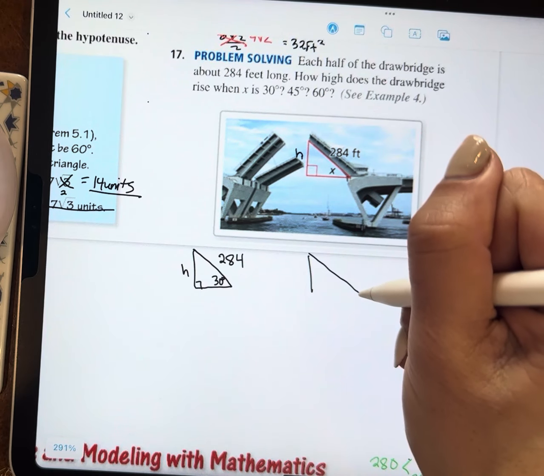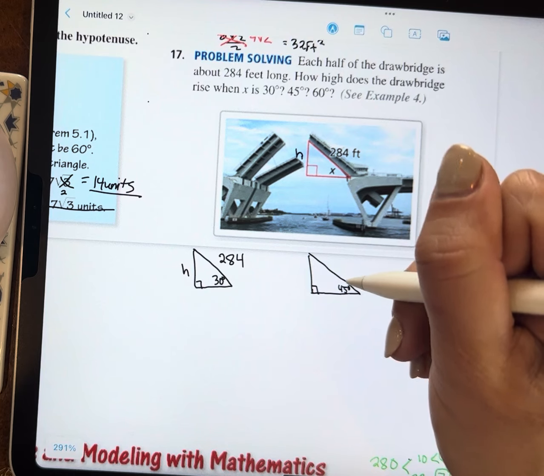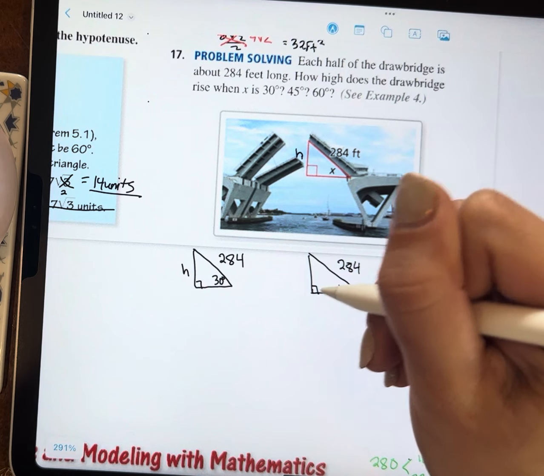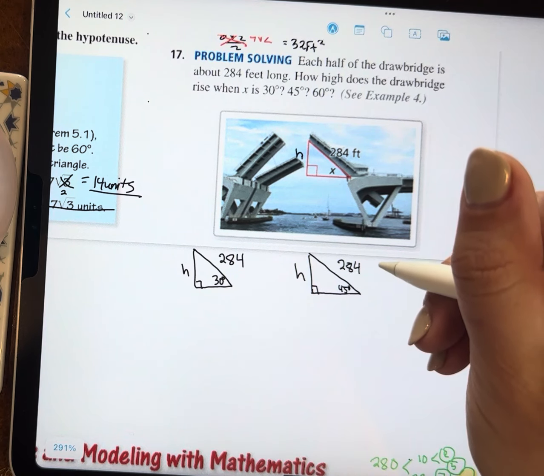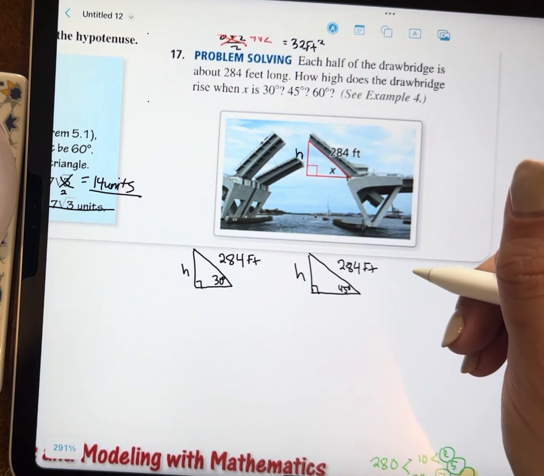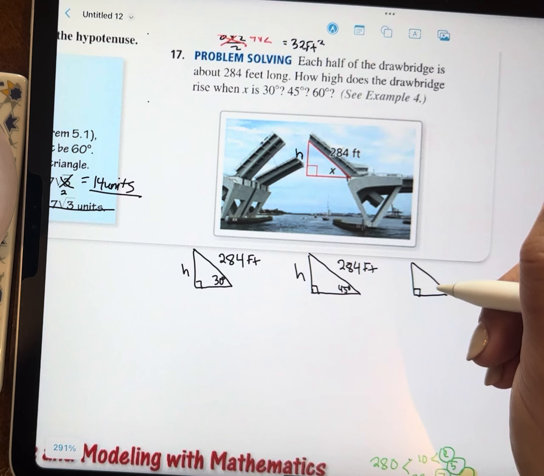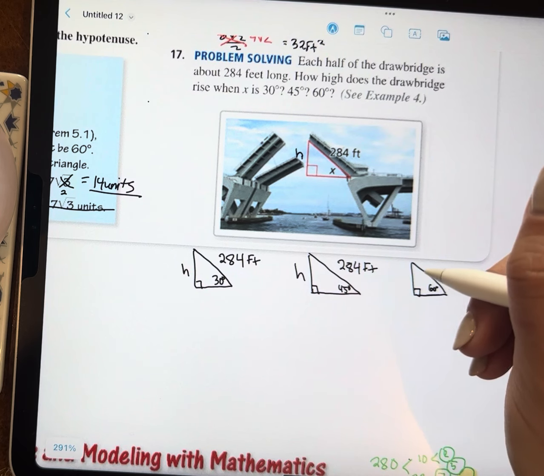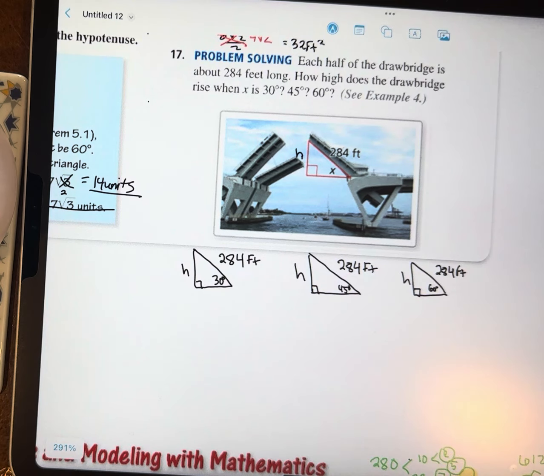We have a scenario where x is 45, and we want to know what h is. And finally, and this is feet, and this is feet, we've got a scenario where x is 60, and we want to know what h is. So let's take a look.